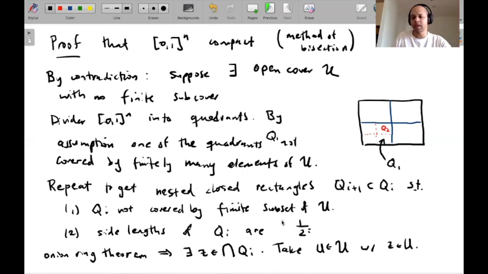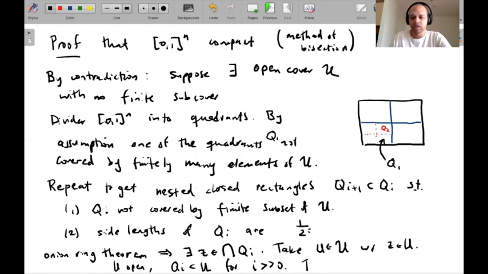U is an open set around Z. Since U is open, there's some small ball around Z which is contained in U, and that ball must contain the closed rectangles which are sufficiently small. Since the size of these rectangles is going to 0, we conclude that Q_i is contained in U for i large enough.